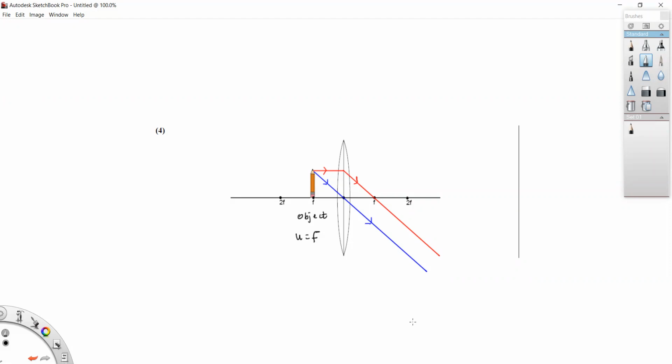Am I right? So what should I write? Think. Sir, won't it be on the same side of the lens? No. You are close. It is parallel, so it won't form on the same side either. You are close.